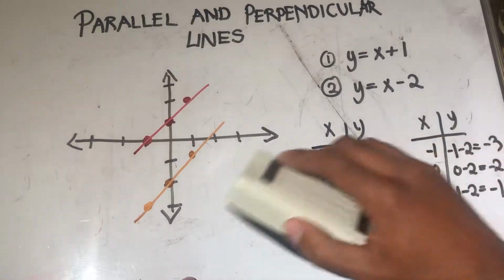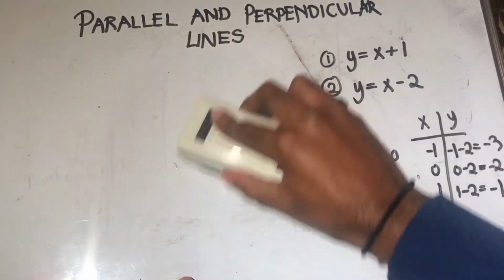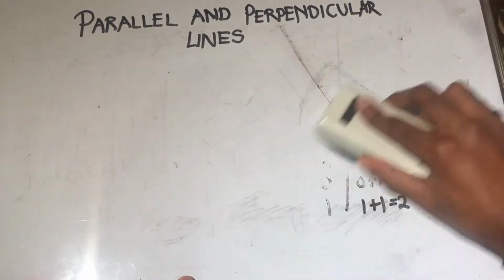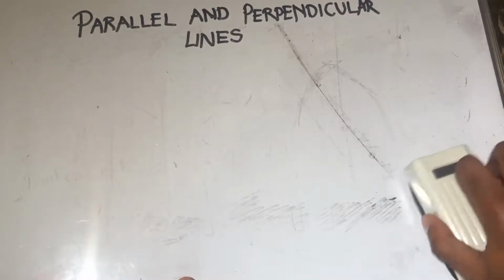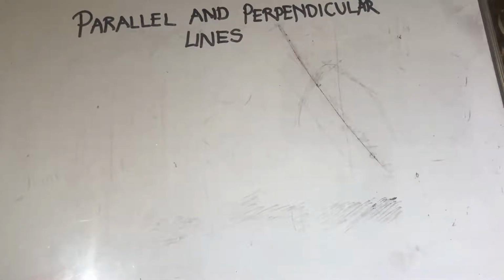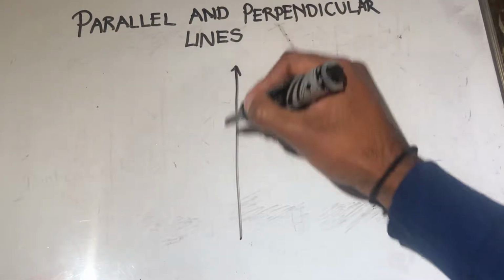Now moving on to perpendicular lines. Perpendicular lines, on the other hand, intersect at a 90-degree angle. So let's say we have our plane here.